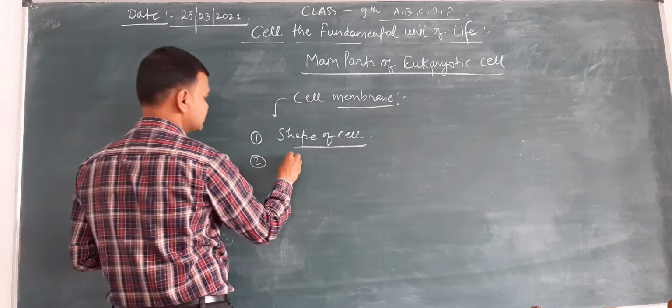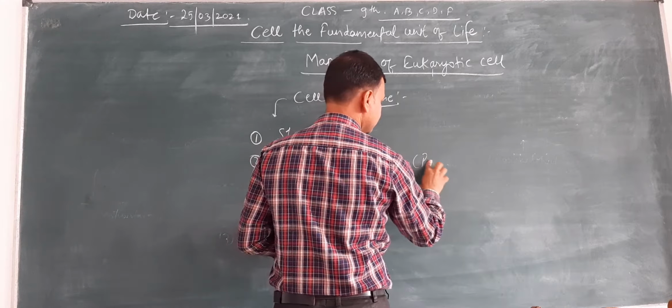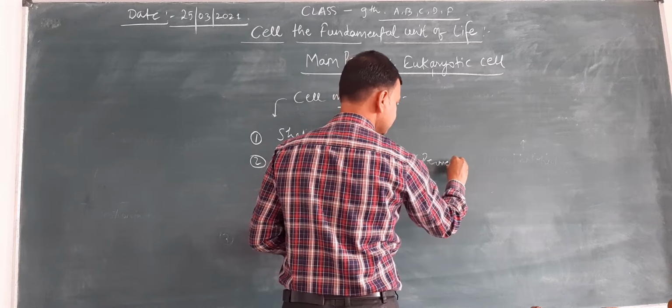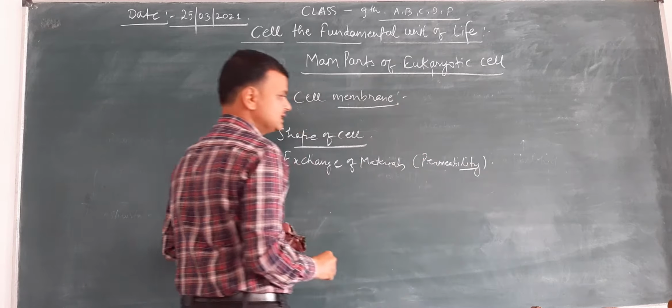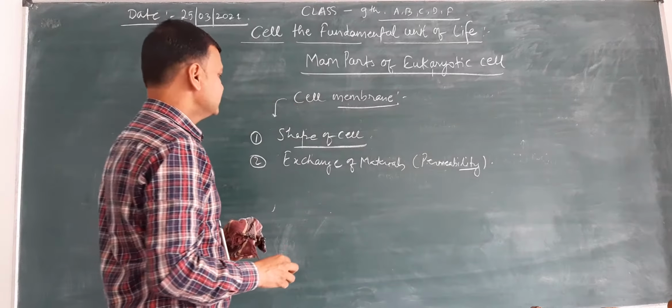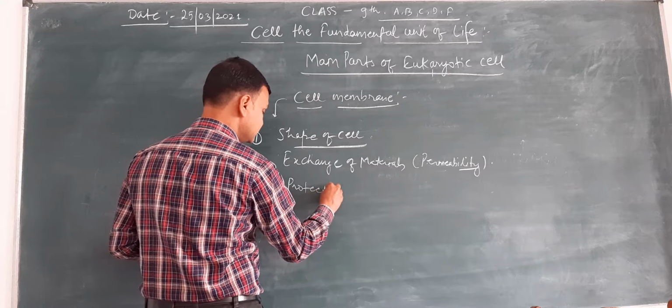The materials are exchanged by a property called permeability. It is the ability to exchange materials, and this is done by the plasma membrane, also called the cell membrane. Third property, it is responsible for providing protection to the cell.